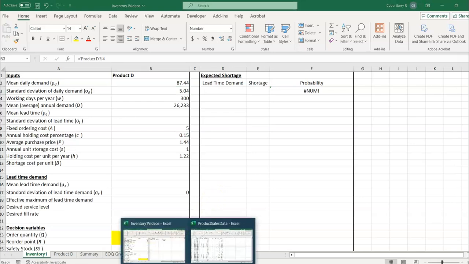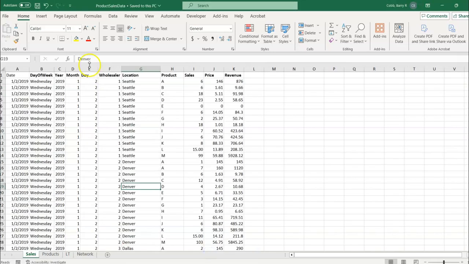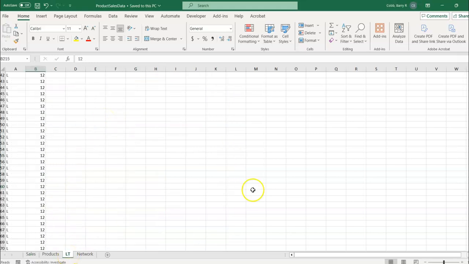So if we go over to this product sales data file, there's a tab here called LT for lead time, and here we have the samples for lead times for the different products. So there are some lead times for product D. On actual historical orders, for instance, on one of the orders for product D it was 4 days, on one it was 3, and so on.